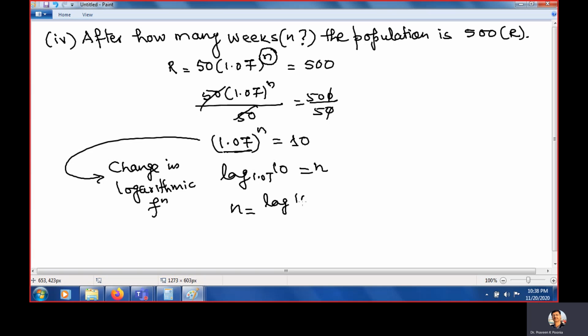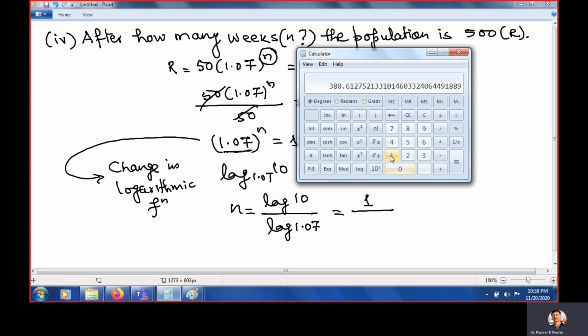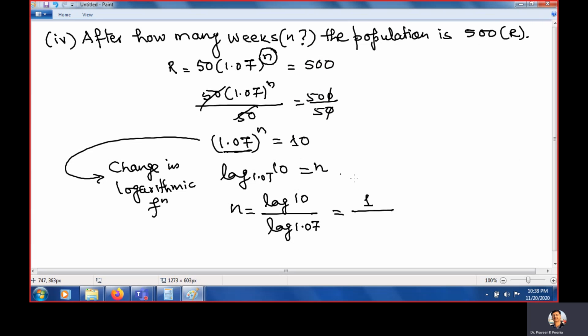1.07 base we cannot calculate directly. So log 10 upon log 1.07. Log 10 is 1. And log 1.07 is 0.02938.